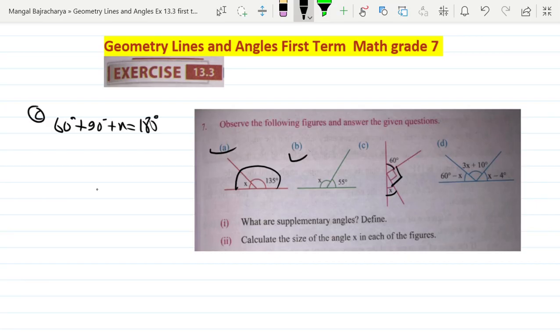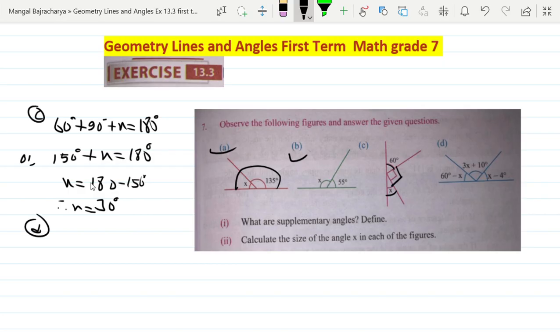You can write that by yourself. Then 60 and 90 get added, so it becomes 150 degrees plus x on the left, and 180 on the right. Send this 150 to the right side to subtract, then you get the value of x. So x equals 180 minus 150, and that way x equals 30 degrees. That's fine. So C is done, and I'll go with D.